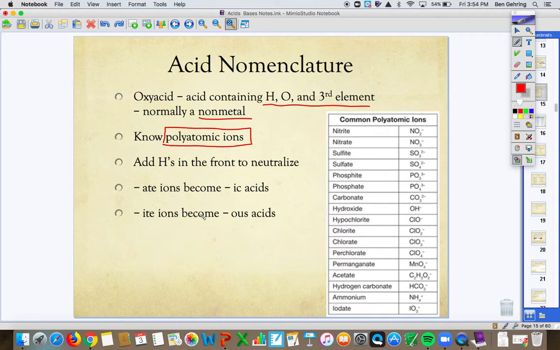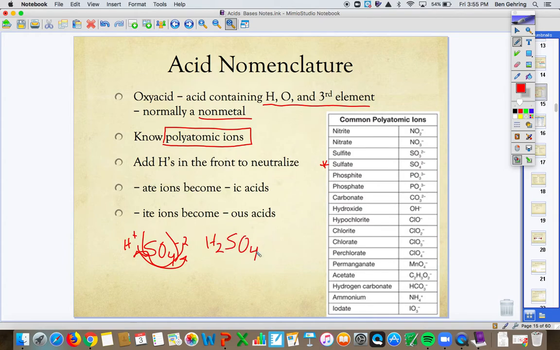So for example, let's start with sulfate, because it's here. So sulfate is SO4 with a -2 charge. Step 1 is add H's, hydrogens, to the front in order to neutralize. So again, hydrogen's got a charge of +1. Because sulfate is -2 and hydrogen is +1, when we cross and drop, we know that we're going to need 2 hydrogens to make it neutral.